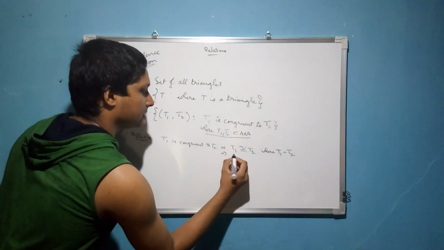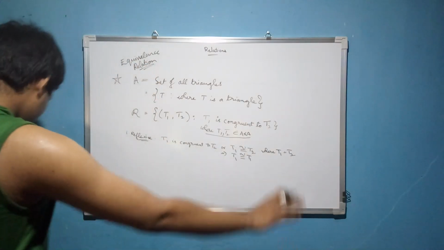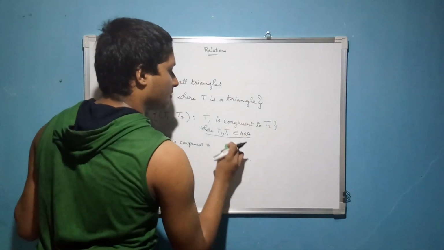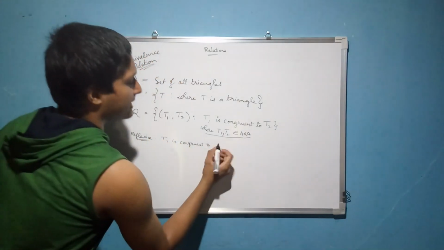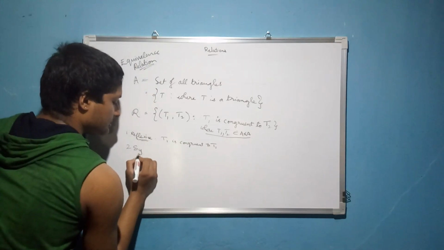That implies that T1 is congruent to T1. I can just conclude that T1 is congruent to T1 because it's the same triangle. The second one is the symmetric.